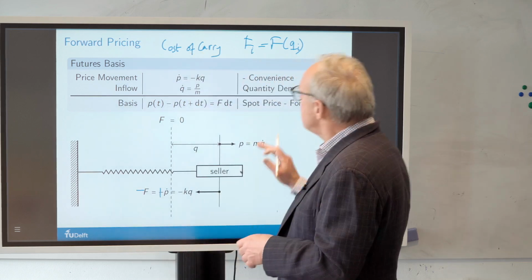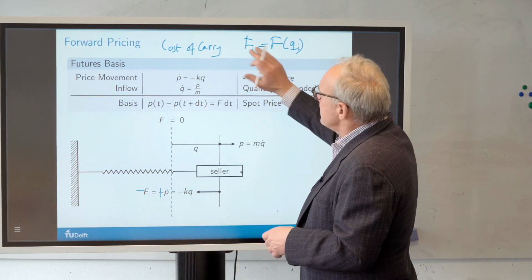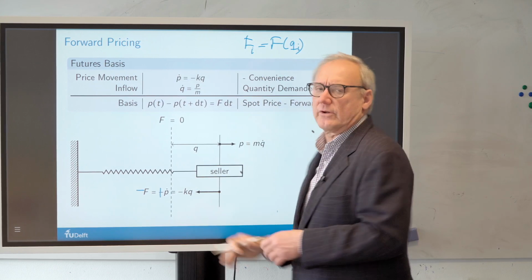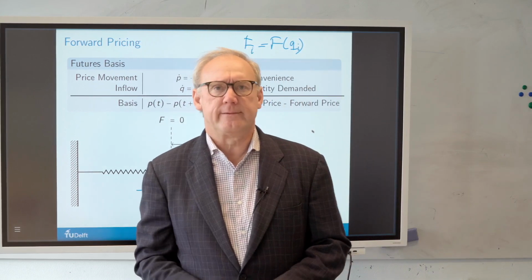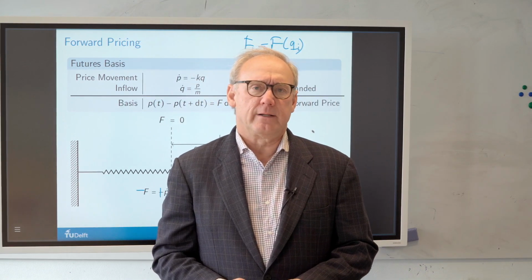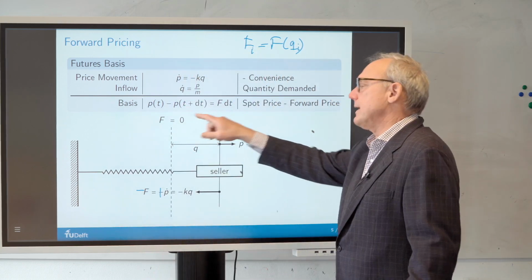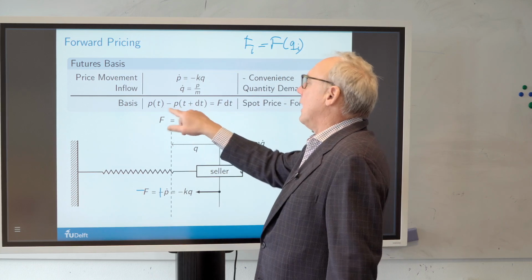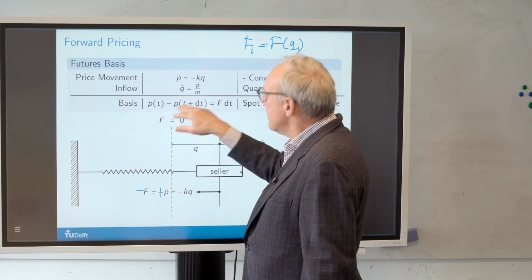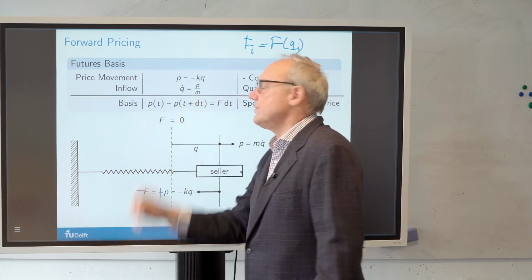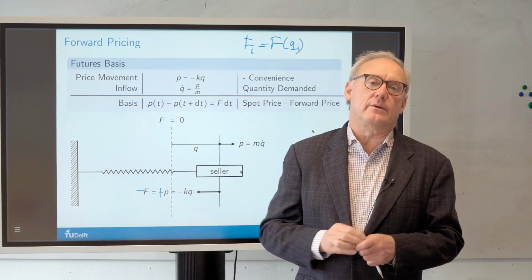So this is just what they call the convenience yield, okay? Now, the basis is more general. That's just a general difference in prices. In this case, the basis will be equal to the convenience yield because it's the only thing we have lying around.